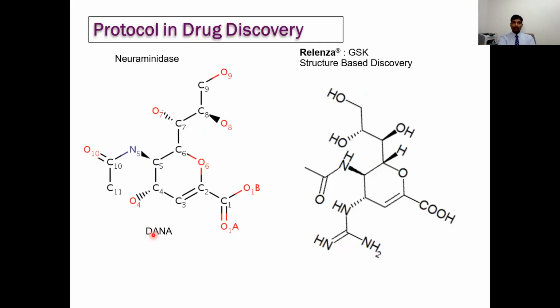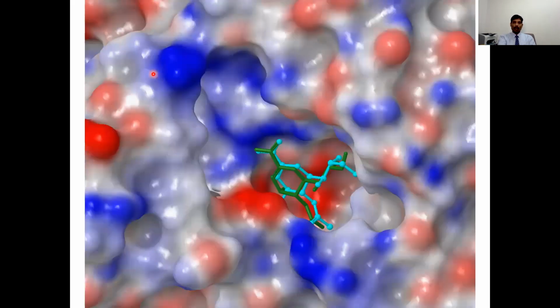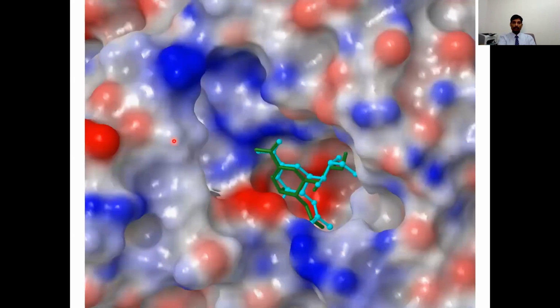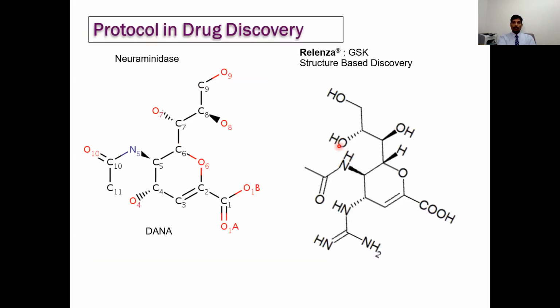That is how the neuraminidase of this influenza A virus binds DANA, the natural ligand, and this is the drug target. The same active site binds Relenza, the GSK product, a structure-based discovery.